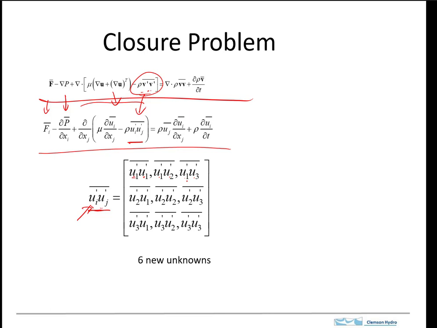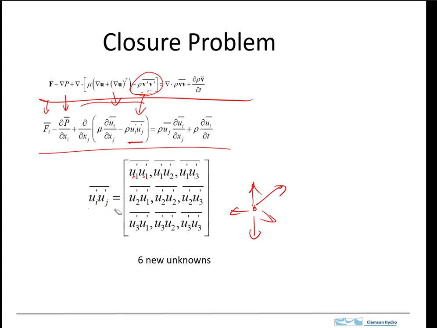Here's why we can see that this is not zero: if this velocity is just fluctuating randomly, then there's no reason why this would be correlated to that. So there's no reason why the velocity would end up averaging out to be zero.